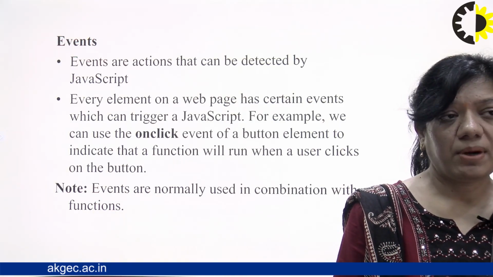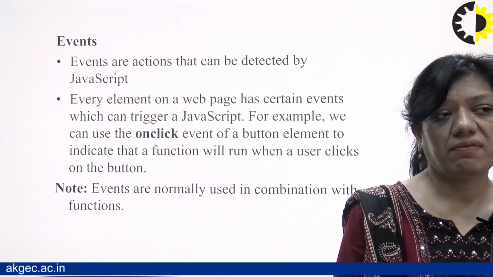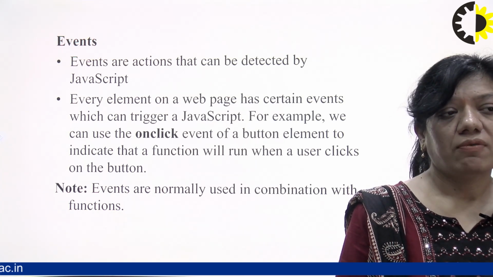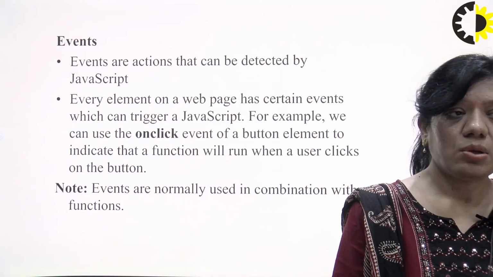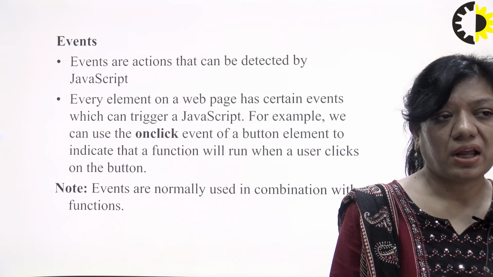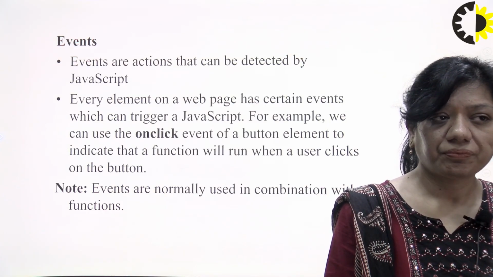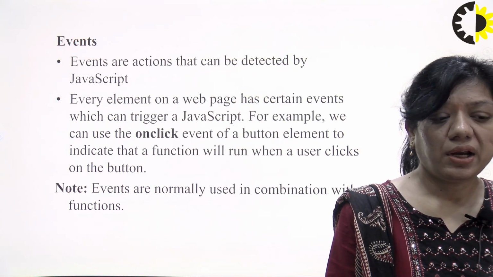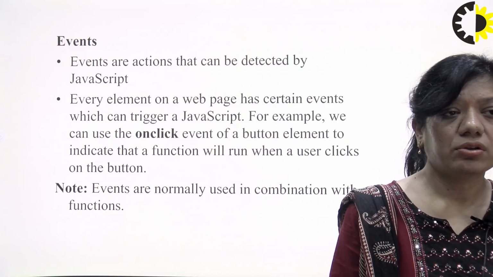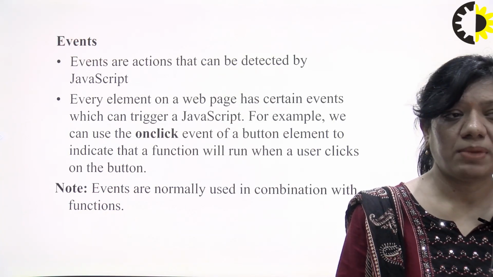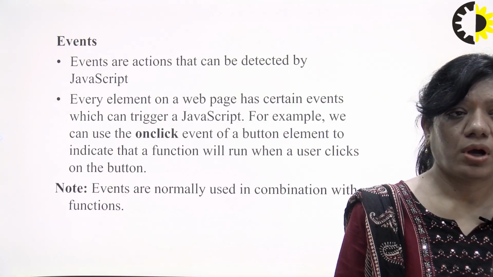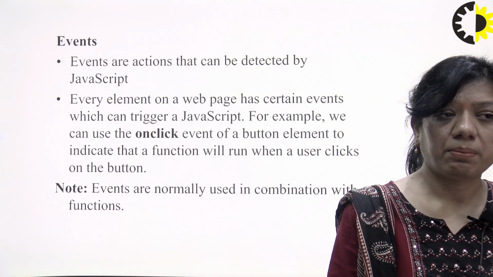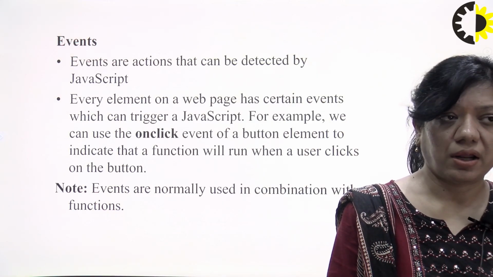Every element on a web page has certain events which can trigger JavaScript. For example, we can use the onclick event of a button element. The onclick is the event which we use on a button to indicate that a function will run when a user clicks the button. Means function आपका तब run होगा जब आप button पे click करेंगे.